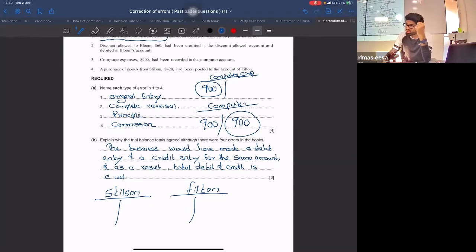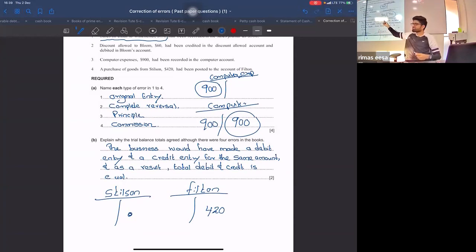So what you should have done to the account of Stilson, you should have credited. Did you do that? No. Without entering in the account of Stilson, it has been posted to the account of whom? Filter. Wrong account, same class because both are your liabilities, both are names of people, right? So they are in the same class.